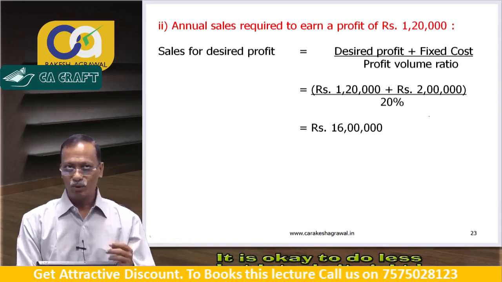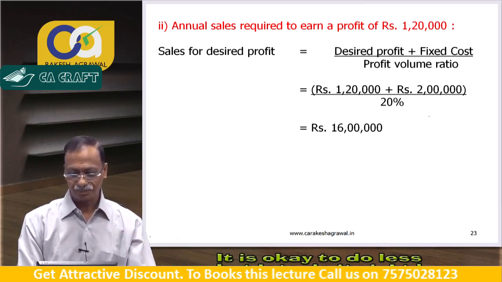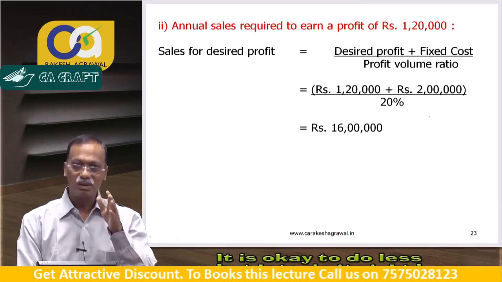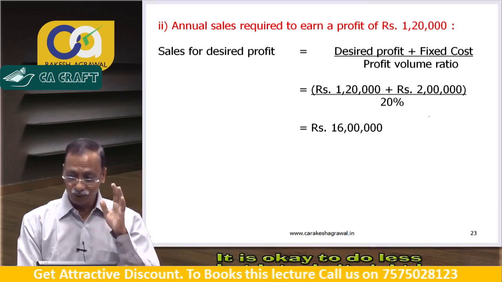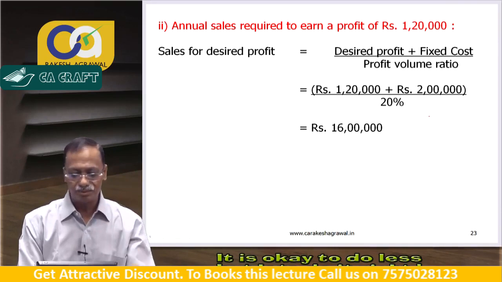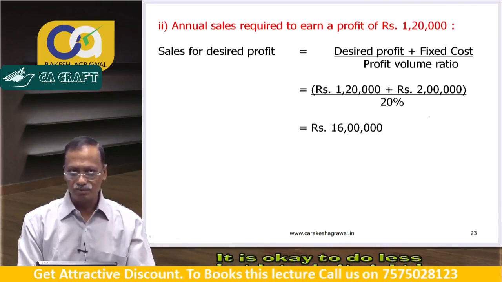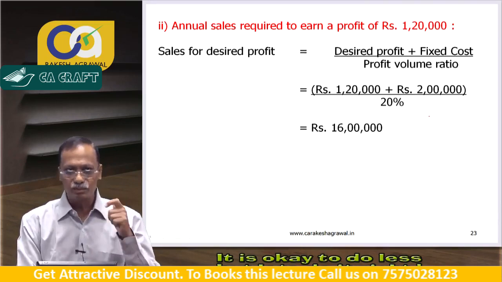So those who have done it at home, your answers should have been 10 lakh and 16 lakh, two answers. If you have done it correctly, very good. Your concepts are crystal clear, right? Those who did this question correctly, you are very good at the basic concepts. Right. Let's go further. These are all conceptual questions, my dear friend, not CA final level questions.